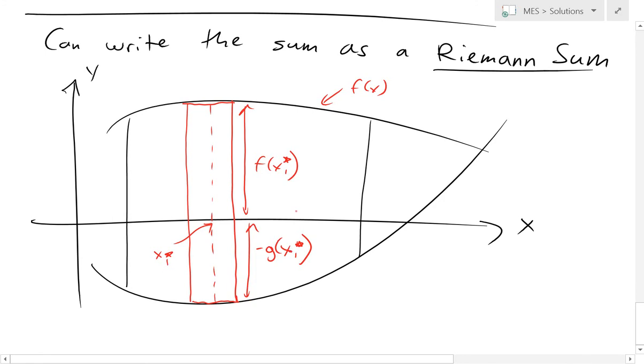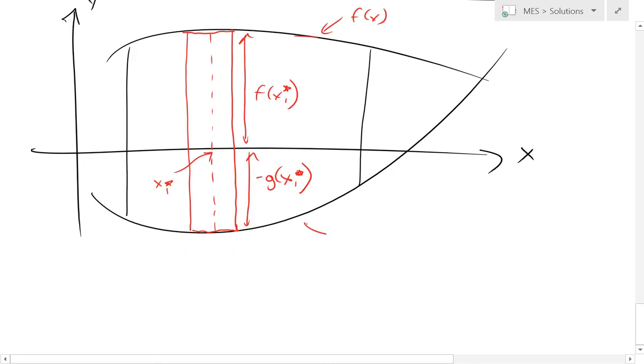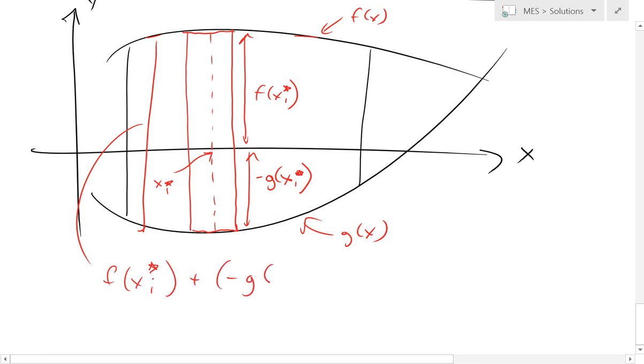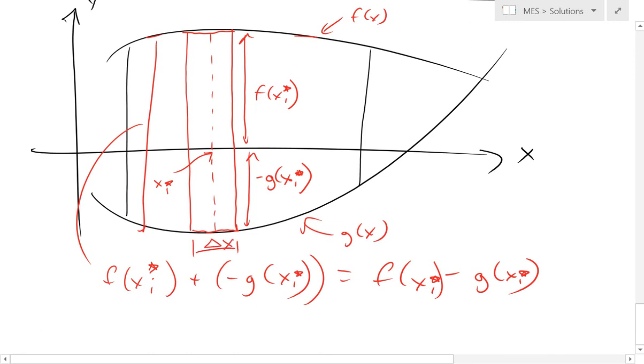So then this full length across is the addition of these two, f of x i star plus negative g of x i star, or we could write it as a difference, f of x i star minus g of x i star. And then this width right here is just delta x.